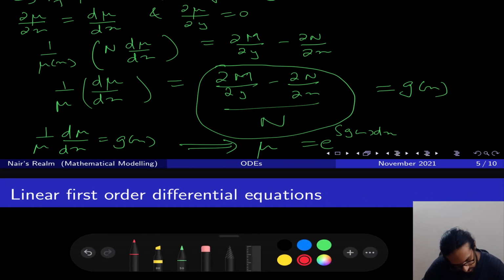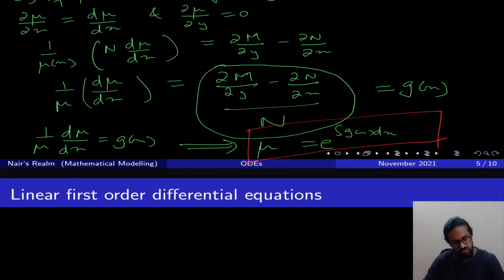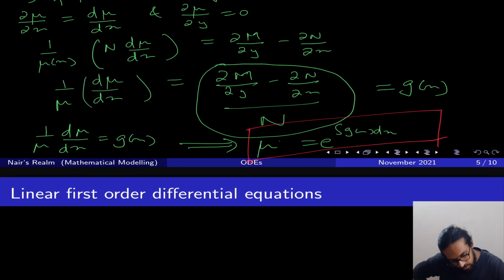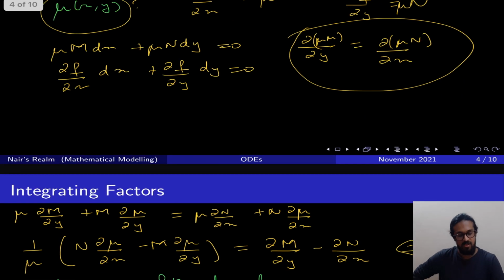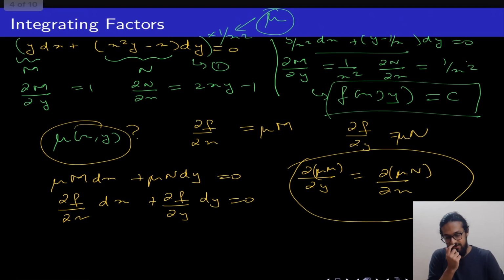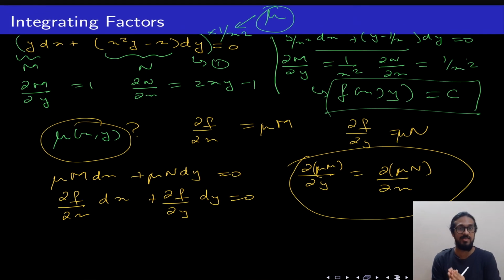So if I were to highlight it in some color, this is the solution for us to find the integrating factor. Just to summarize, we saw that an integrating factor is any function that you multiply to a non-exact differential equation to convert it into an exact differential equation.